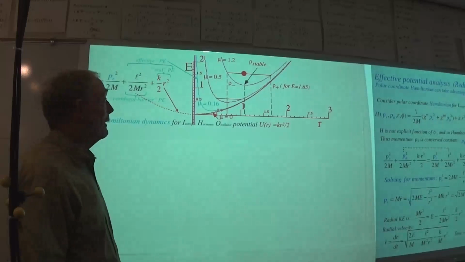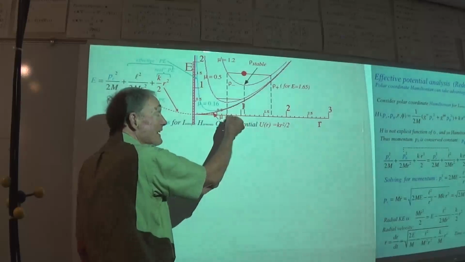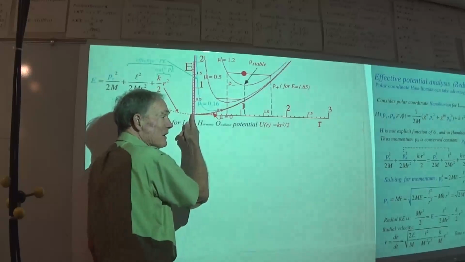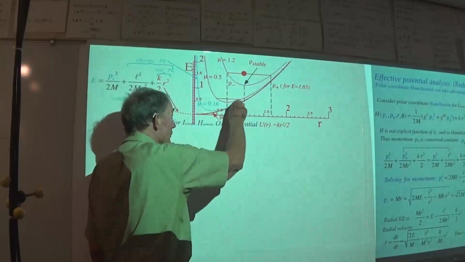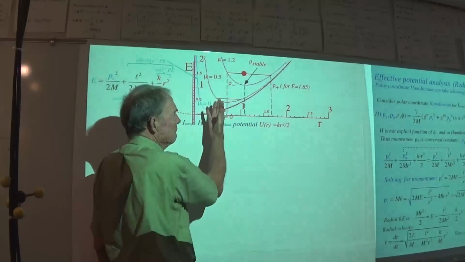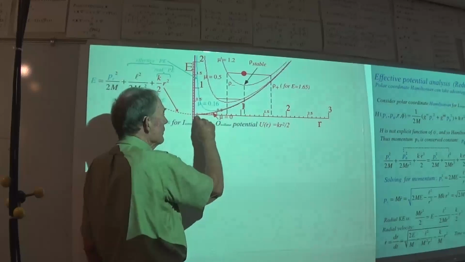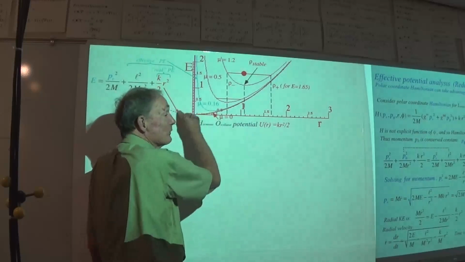The centrifugal barrier, when you have any angular momentum at all, keeps you away from r equals 0. So there's a typical effective potential for an angular momentum. I'm using mu now for the L. Here's mu equals 0. If you've got mu equals 0, you know an oscillator likes to go through the center, right?